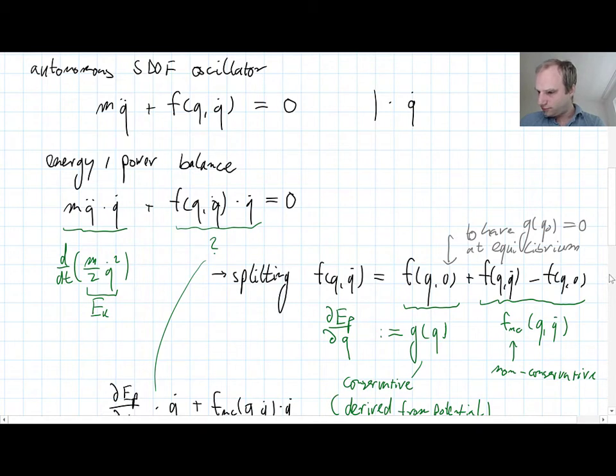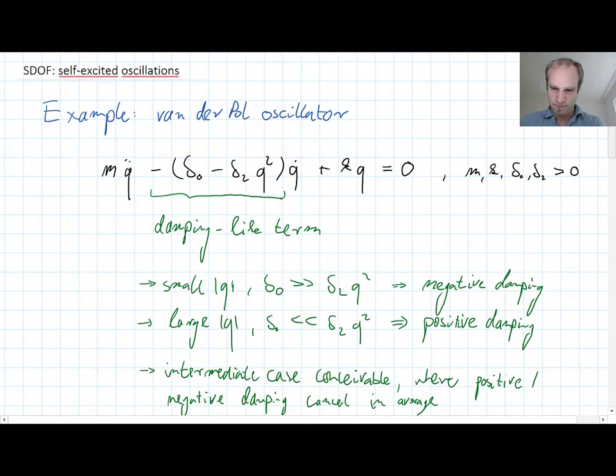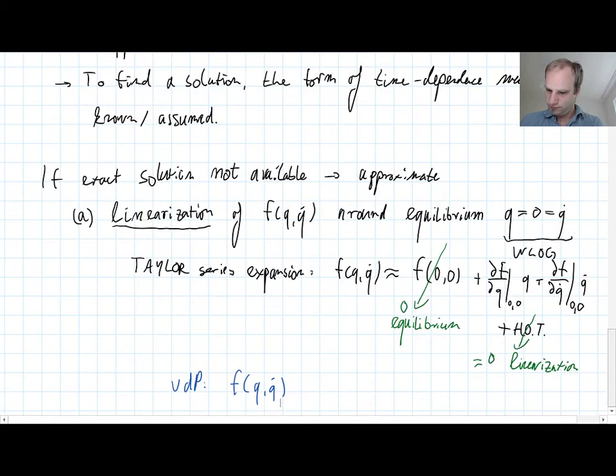So everything from here. Let's just copy it here. So we have minus delta 0 plus delta 2 q squared, times q dot, plus k q.